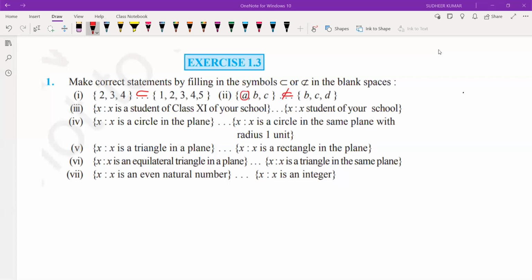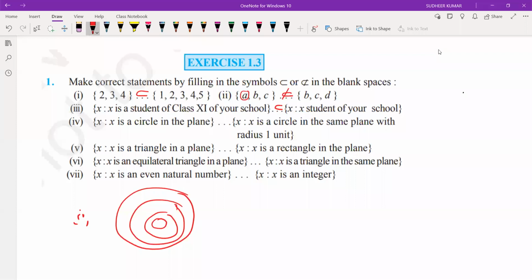So the next one: x such that x is a circle in the plane, and x such that x is a circle in the same plane with radius 1 unit. Is it a subset or not? See, the fourth one: a circle in the plane may be of 1 meter radius, 2 meter radius, 3 meter radius, 4 meter radius from the first set.